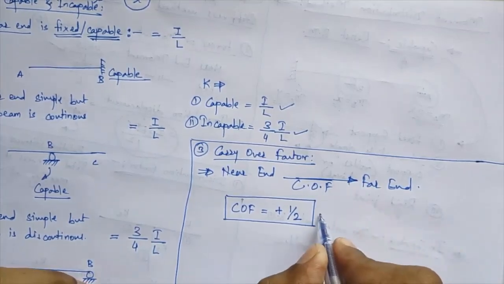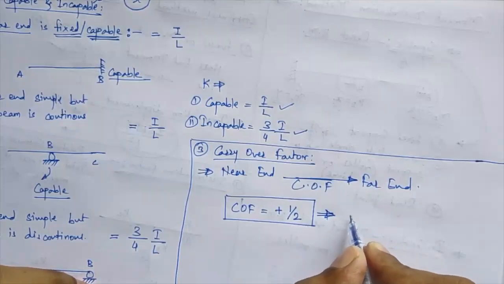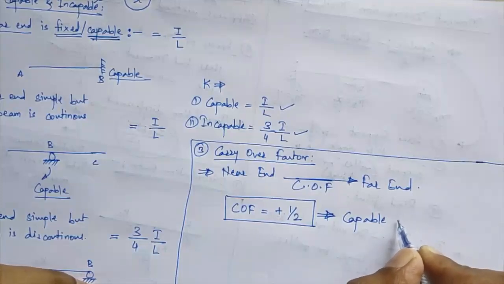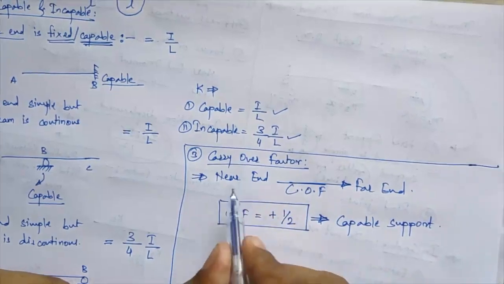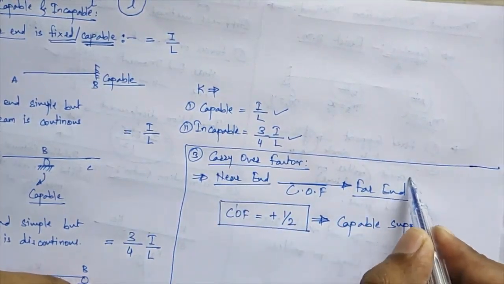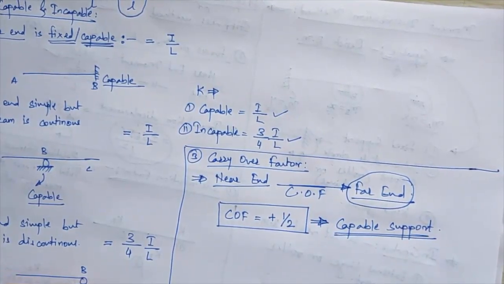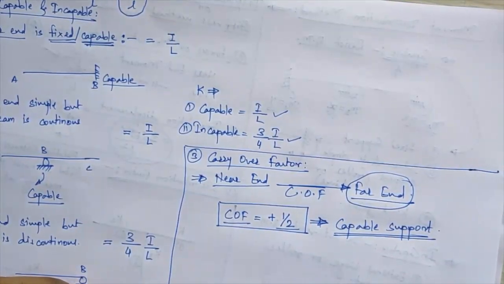But the case is, when will this be half? The condition is that your far end support must be a capable support. The moment you are transferring from the near end to the far end, that far end support must be a capable support, compulsory. Then and only then will your carryover factor be equal to 1/2.